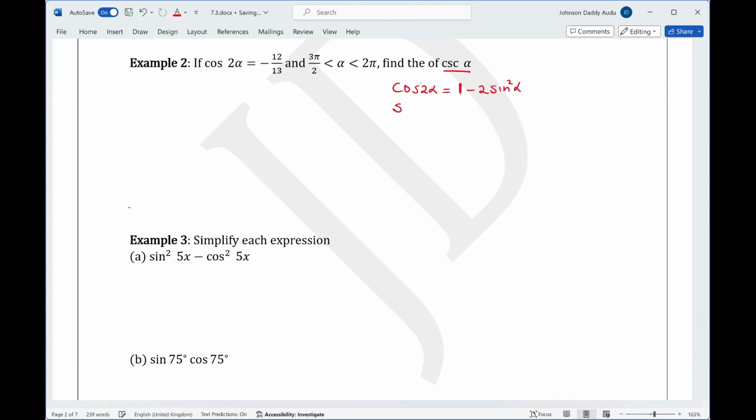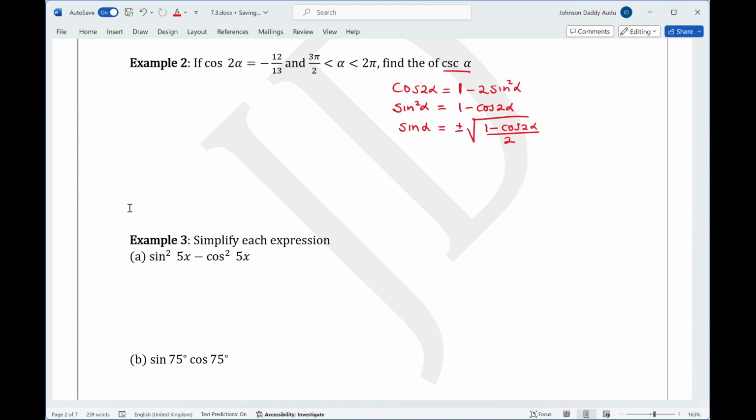So it means that sine squared alpha is going to be 1 minus cosine 2 alpha, divided by 2. So from here we can get sine alpha. Sine alpha is just going to be plus minus the root of 1 minus cosine 2 alpha divided by 2. This is one formula we can use.